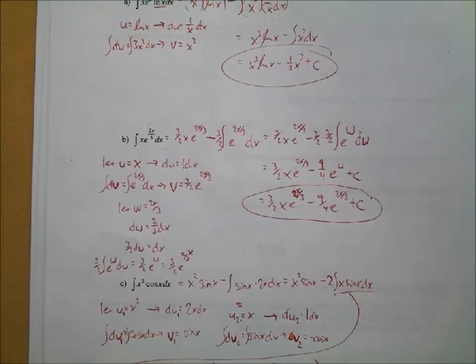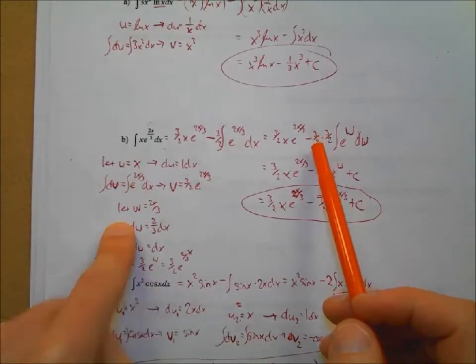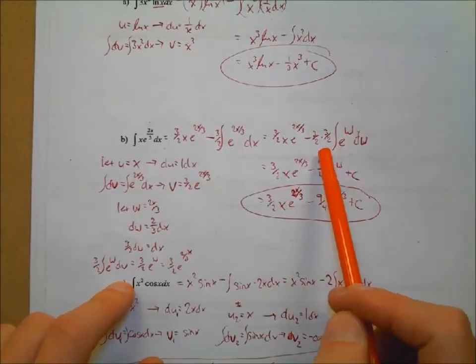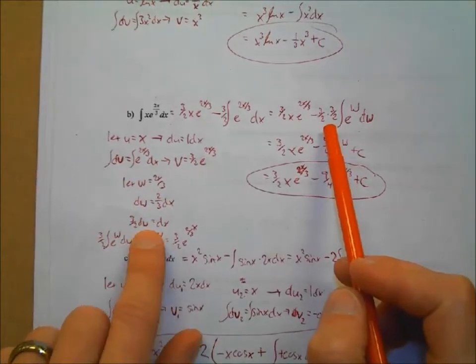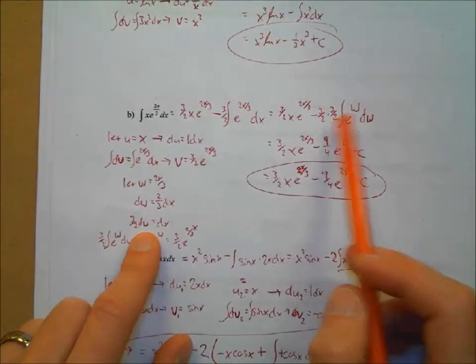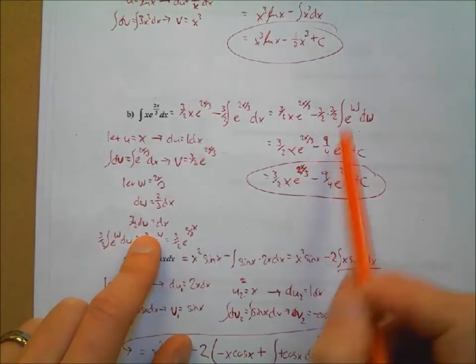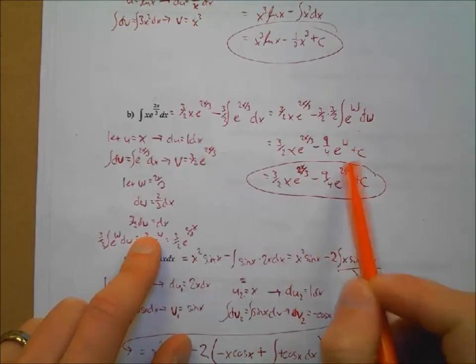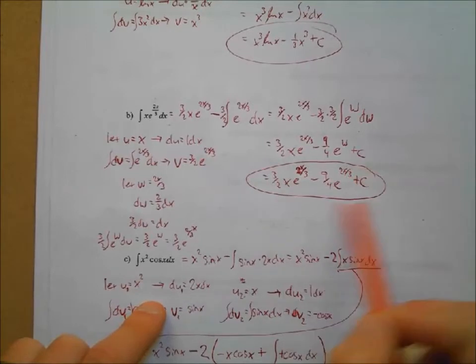It's going to be another application of this w substitution, and so I just went ahead and rewrote that e to the 2x over 3 as e to the w, with the 3 halves in front, because again, we had another 3 halves for that substitution. And then integral e to the w gives us e to the w, minus the 9/4 there, plus the c, because now we finish integrating. All right, and then I put the substitute back in for the w, which was 2x over 3 right there. And so there's our final answer.